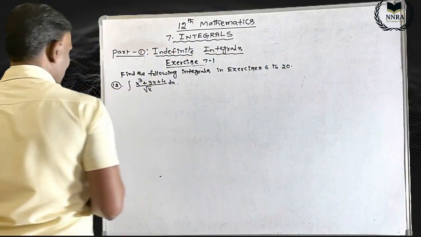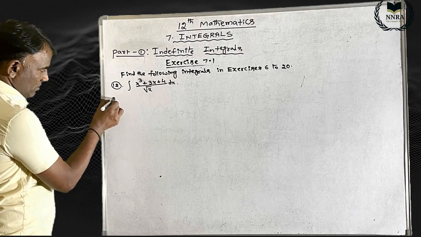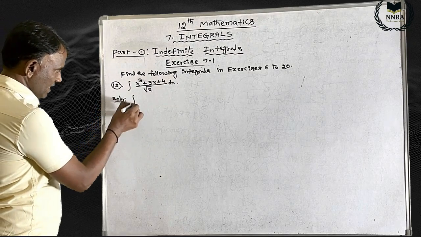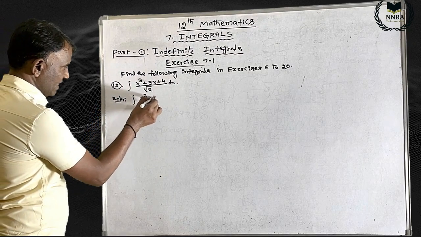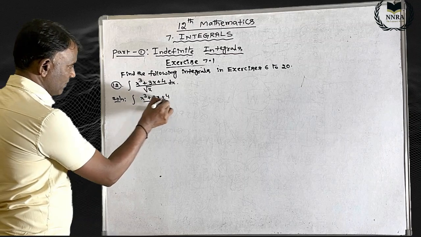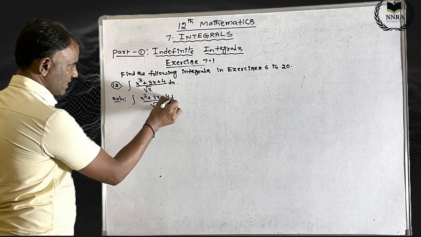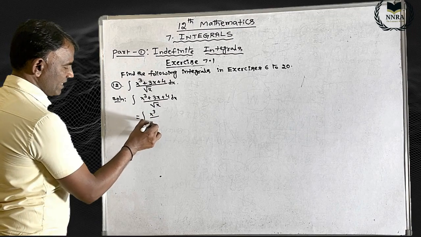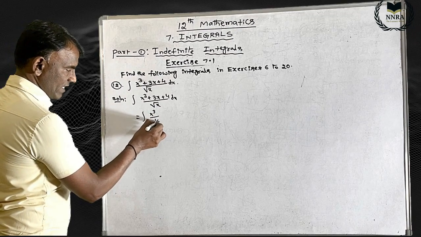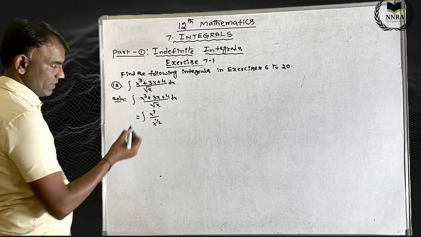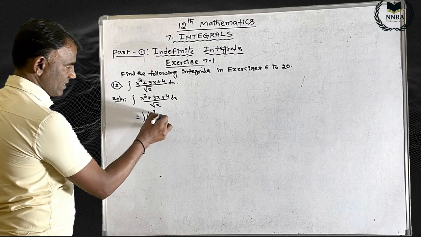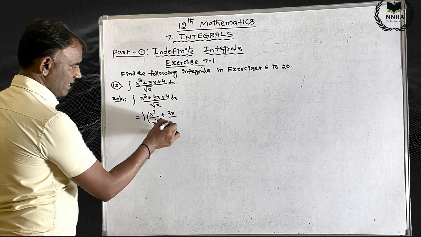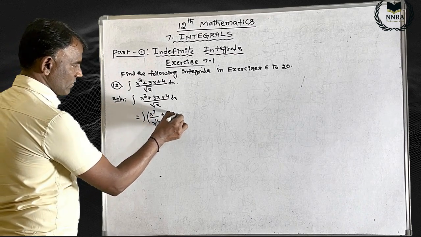Okay, now this is 12th question. Integral of x cube plus 3x plus 4 divided by square root of x into dx. So first term is x cube divided by root x, that can be written as x power 1 by 2. And coming to second one, 3x by x power 1 by 2.